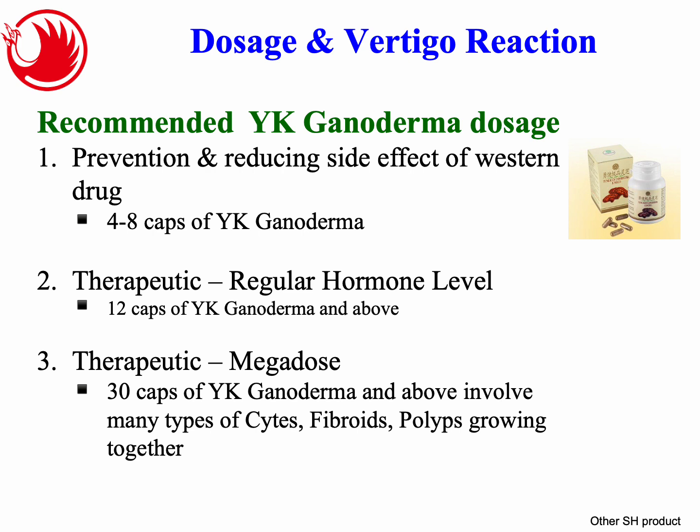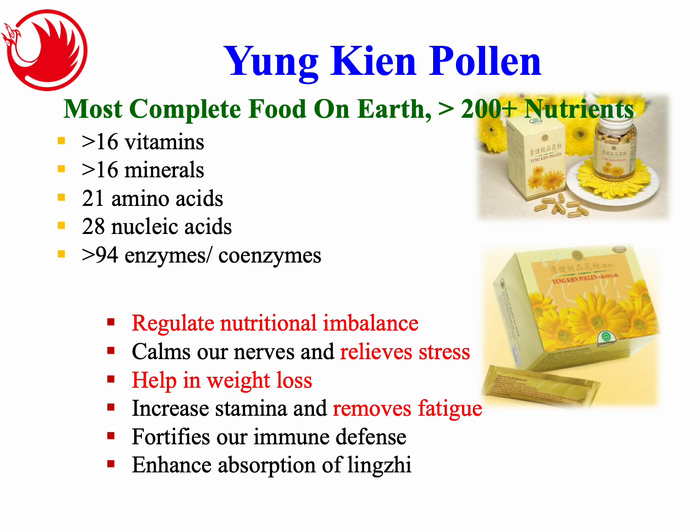Next, we look at the Yonkin pollen, another supplement from Shanghai. This Yonkin pollen is one of our quality products. It has more than 16 vitamins, more than 16 minerals, 21 amino acids, 28 nucleic acids, and more than 94 enzymes and coenzymes.